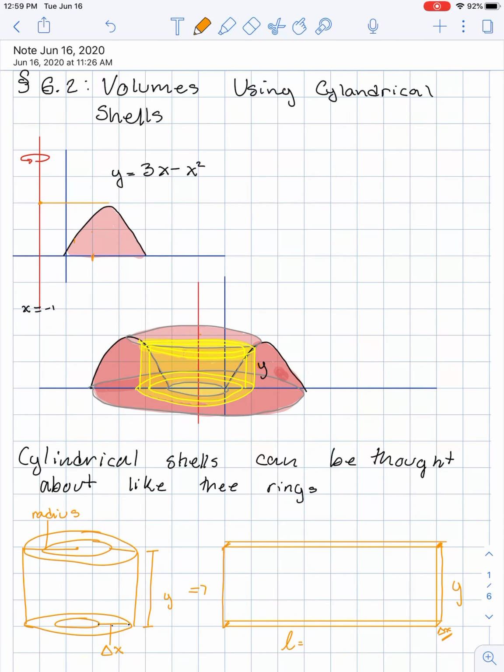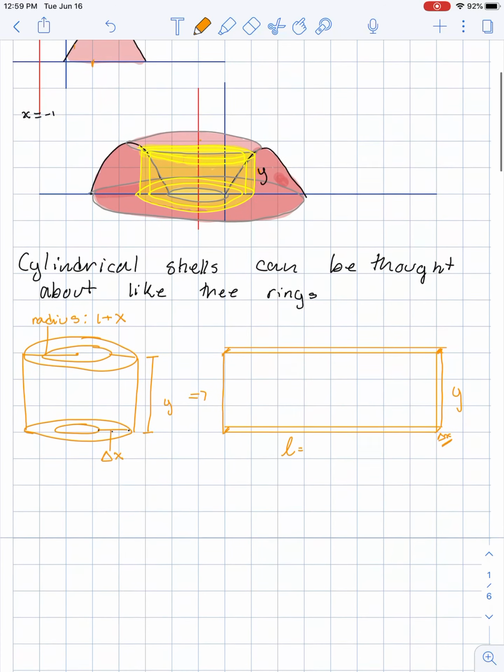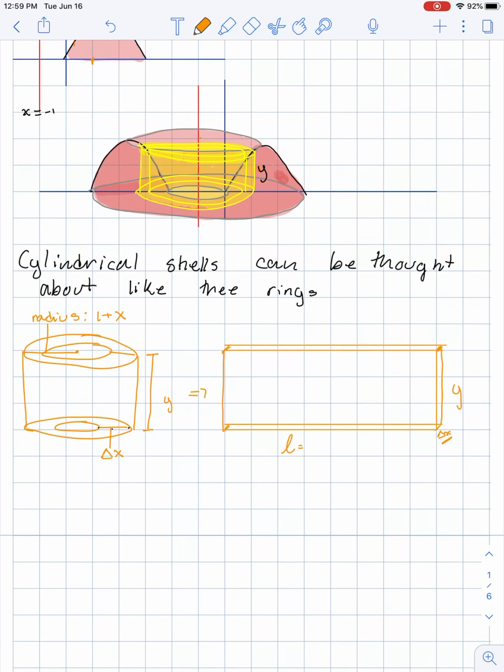So that's going to depend on x. So we can just call that radius 1 plus x, similar to x minus the line that we are turning around. Since it's -1, it becomes a positive 1.